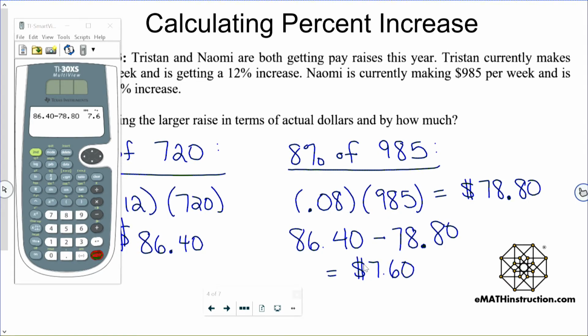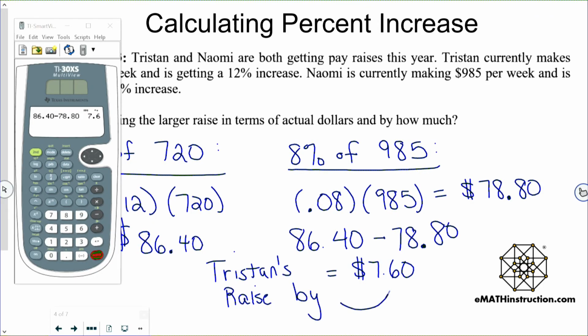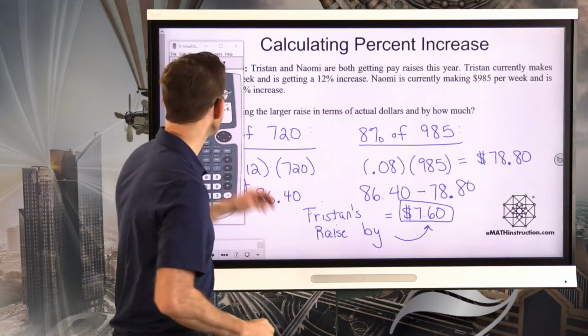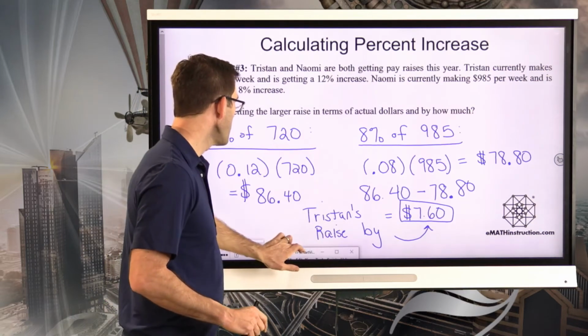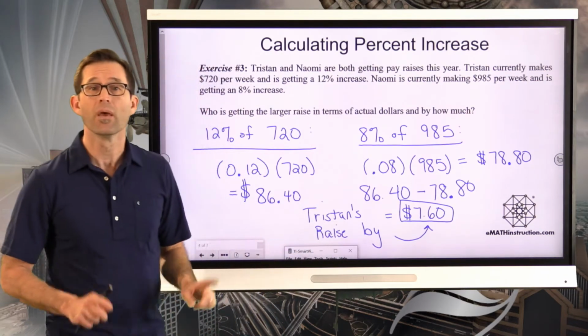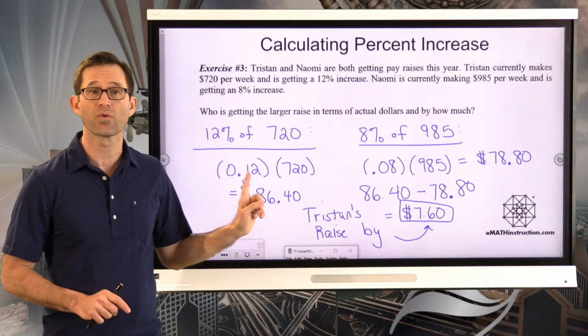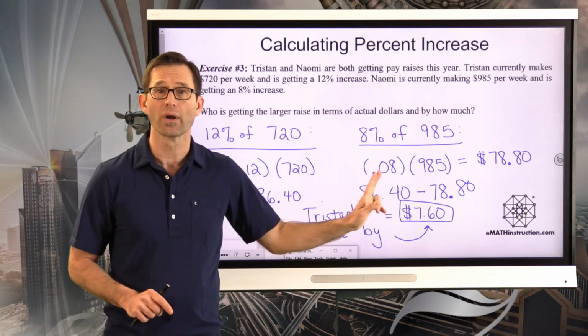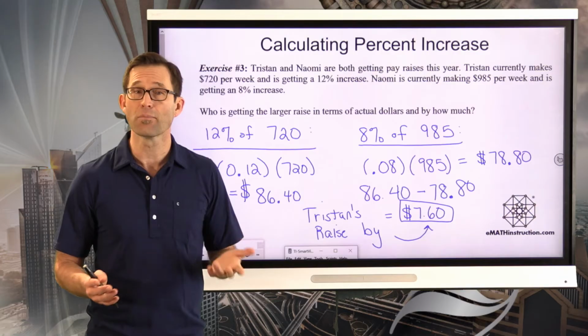So Tristan is really the answer on this. Tristan's raise, and that's going to be by that $7.60. So he gets a slightly bigger raise. Now, it's interesting because he's getting a bigger raise because his percent, 12%, is much larger than Naomi's 8%.